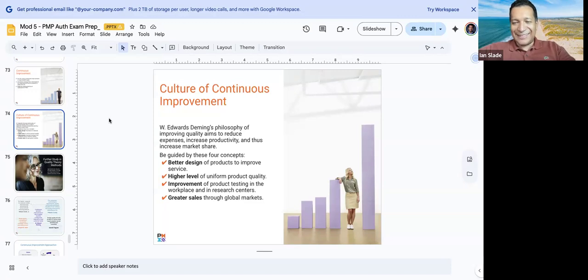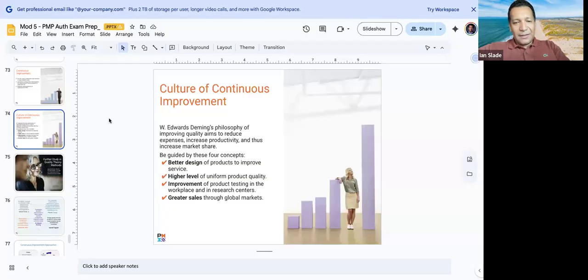So he went to Japan, and now Toyota has an amazing continuous process improvement, and now Ford and GM are learning from Toyota, when in fact it came from Deming, who approached them first.